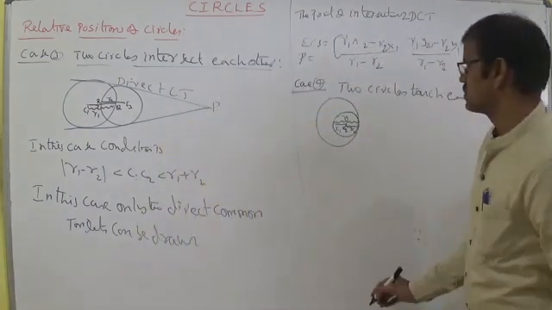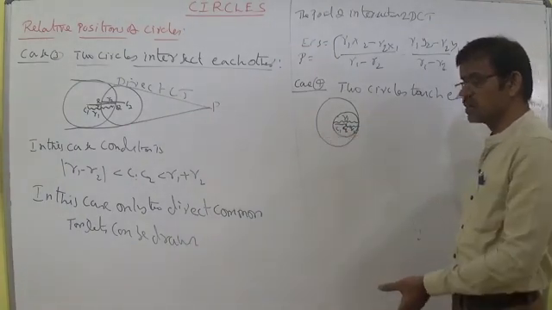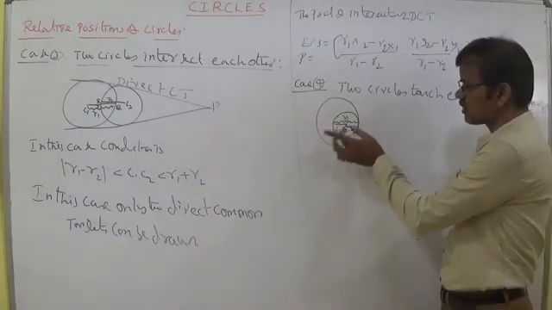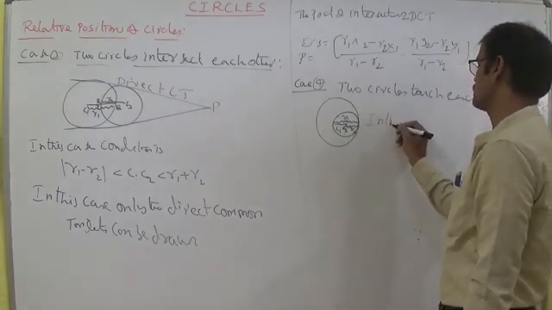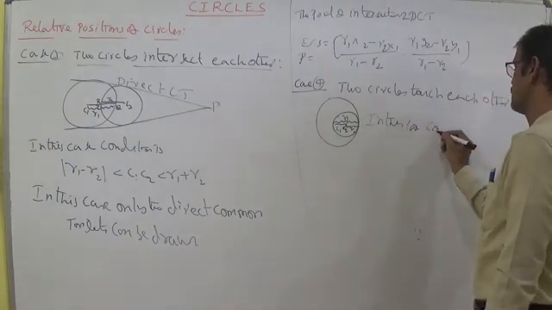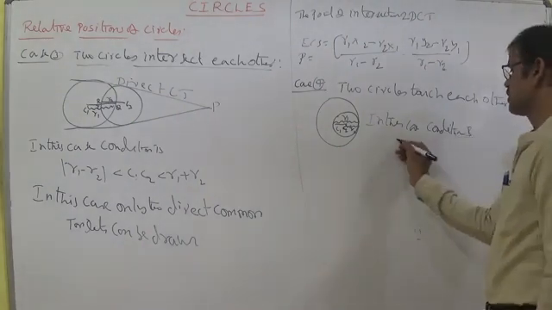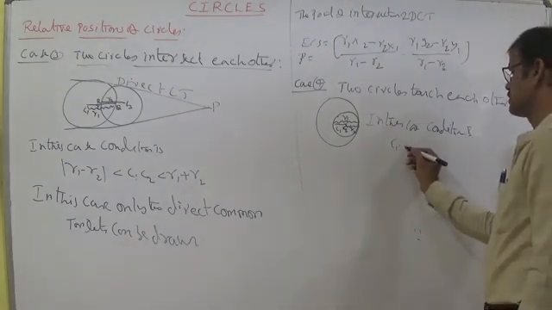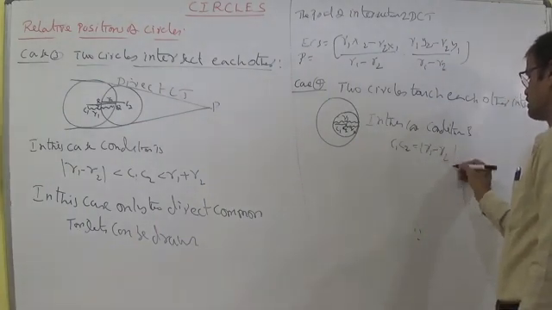In this case, the distance C1C2 is equal to the difference R1 minus R2. In this case, the condition is C1C2 is equal to modulus of R1 minus R2.